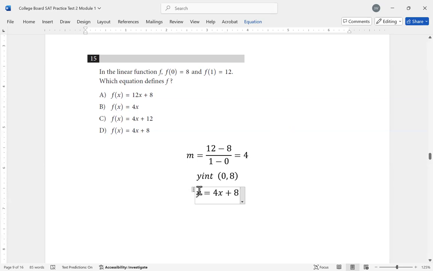And y is equal to f of x. I can just replace the y with f of x, and we get y equals 4x plus 8, or f of x is equal to 4x plus 8. So my final answer on question 15 is answer D.